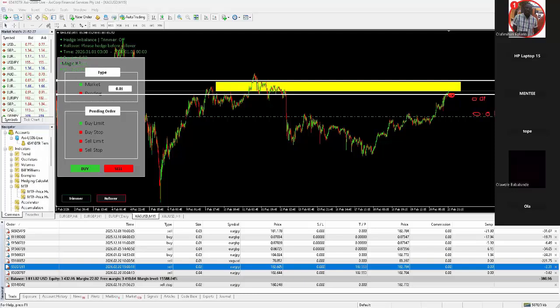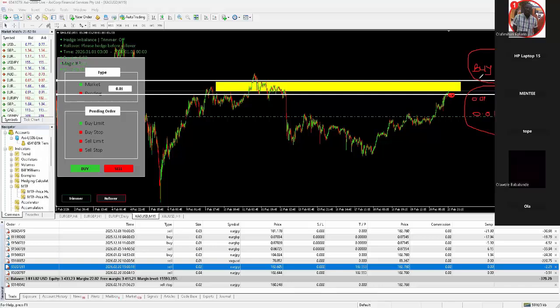This one too is sell. So I cannot do buy 0.01 again, because sell is now 0.02. So I will now make buy stop 0.02.